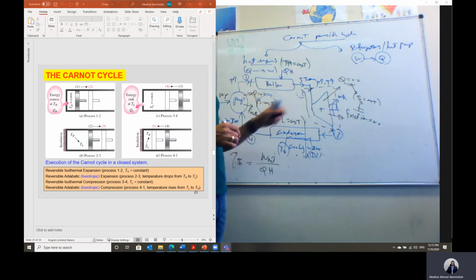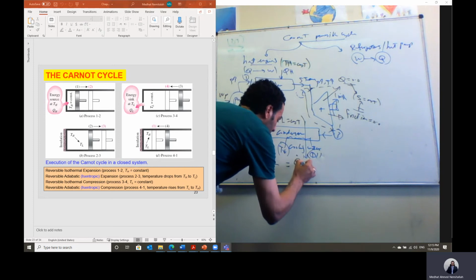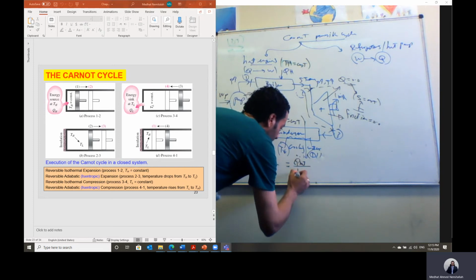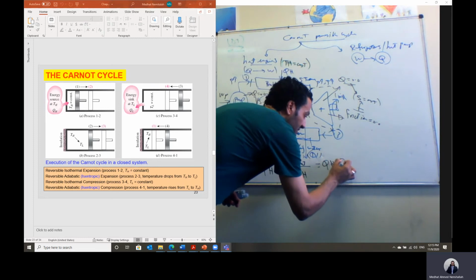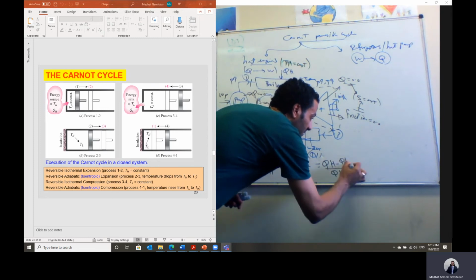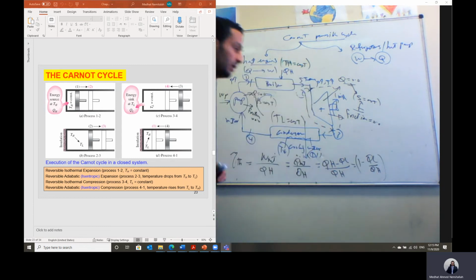The work out, which is the net work, is the difference between the turbine work and the pump work, divided by the heat added in this case. Work net is the same as Q net, and Q net is Q high minus Q low, divided by Q high, and that should equal 1 minus Q low divided by Q high. Okay, and this is the actual efficiency of this engine.